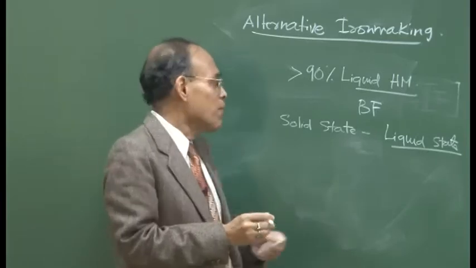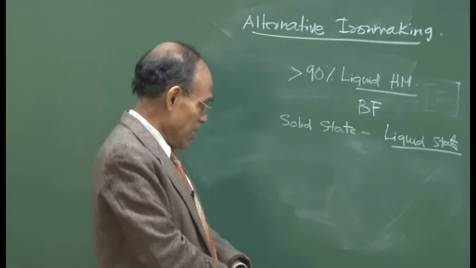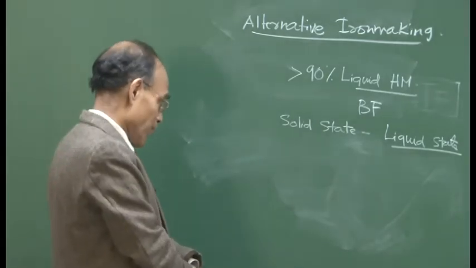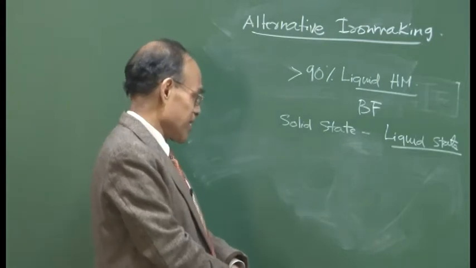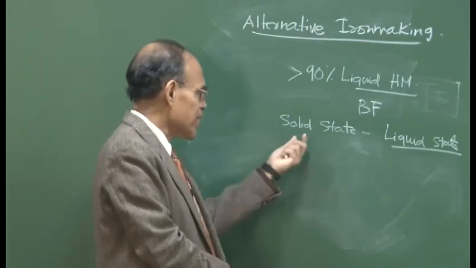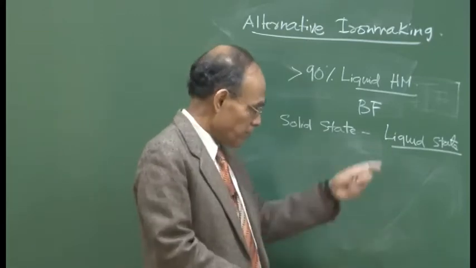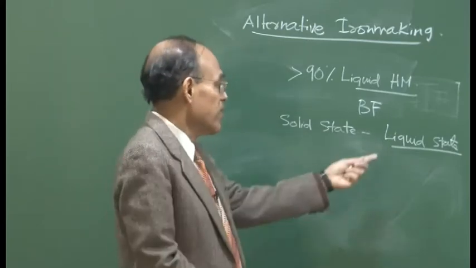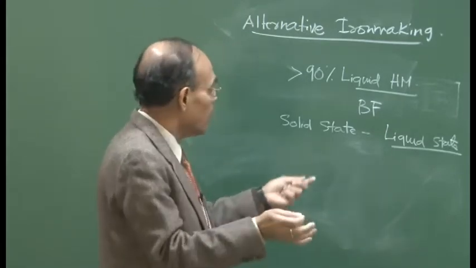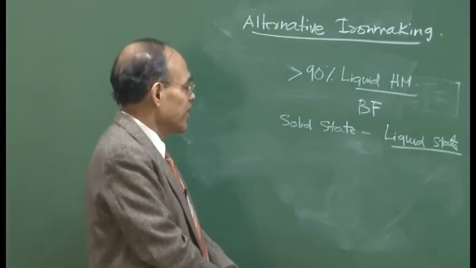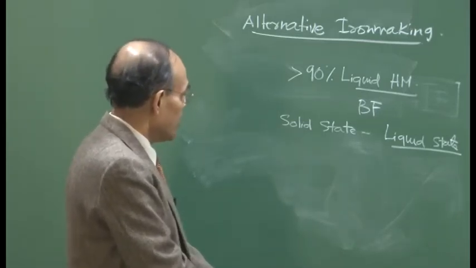So the primitive people produced predominantly iron in the solid state, and then some kind of refining used to be done mechanically, removing the slag particles, etc. Those were basically not steel, but iron, and it is only in the last 200 years that liquid iron production has become popular because of many inventions or innovations in the field of technology.